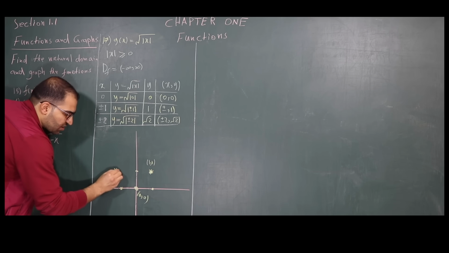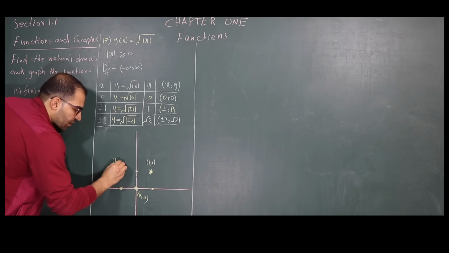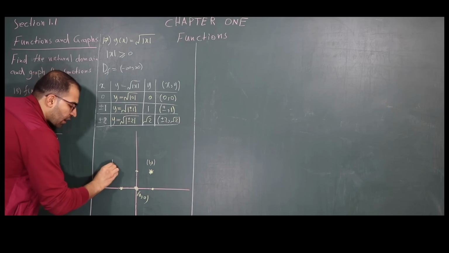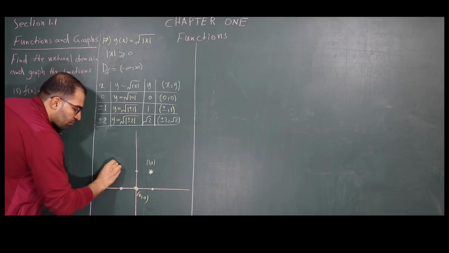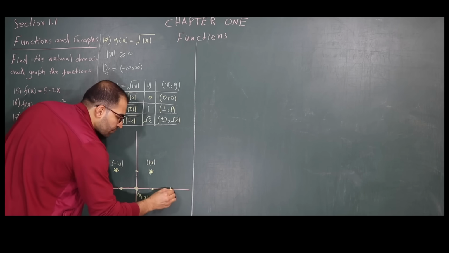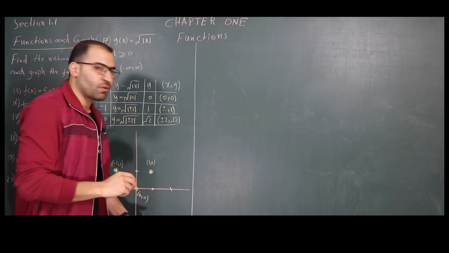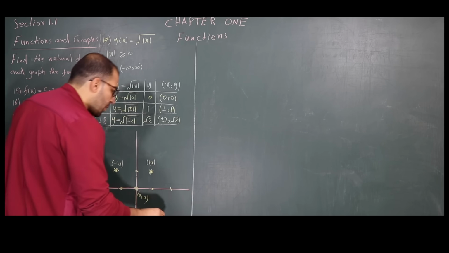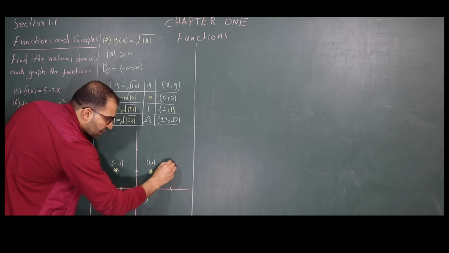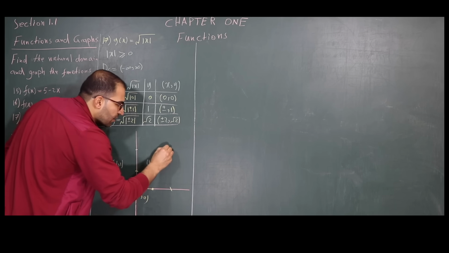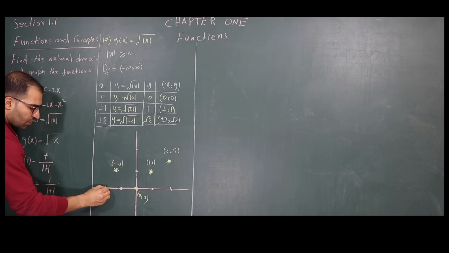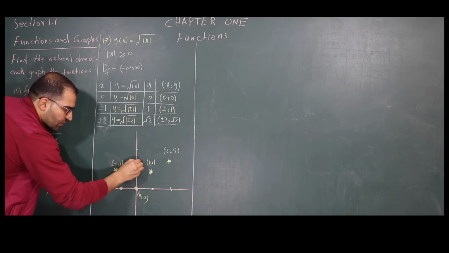That's why I took plus minus implicitly, because I know the absolute value will turn every negative into positive. And for plus 2, the result will be the square root of 2, which is about 1.4, roughly 1.5. And here we have this 2 and I have just 1.5.